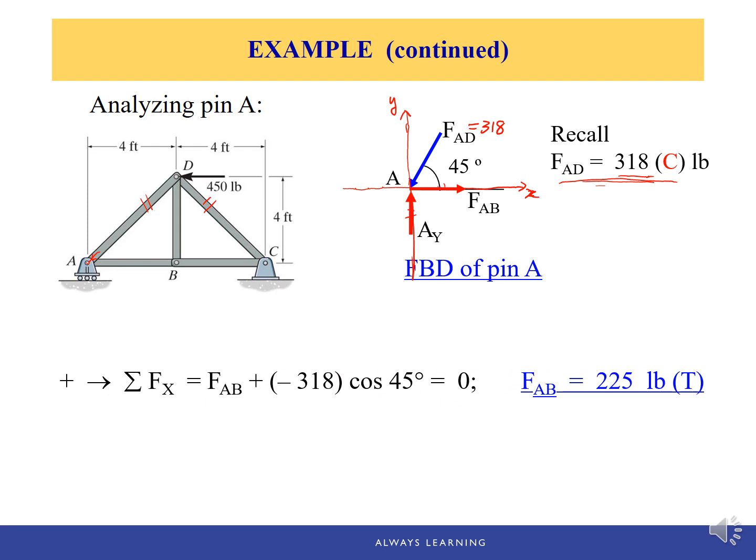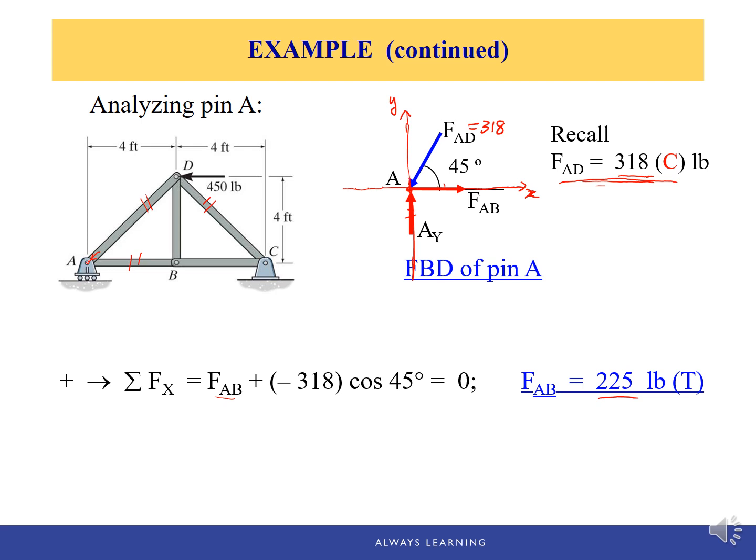So FAB, again, this value, we assume it is in tension, so we'll pull away from the pin A, and then minus FAD times cosine 45 equals 0. We solve FAB is a positive value, which means it is in tension. And FAB is solved.